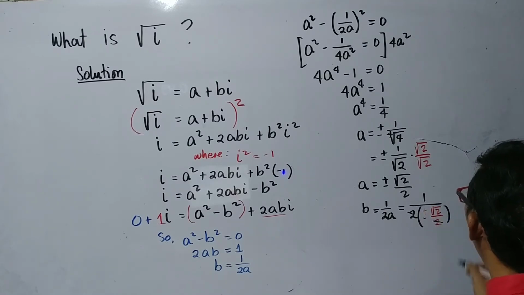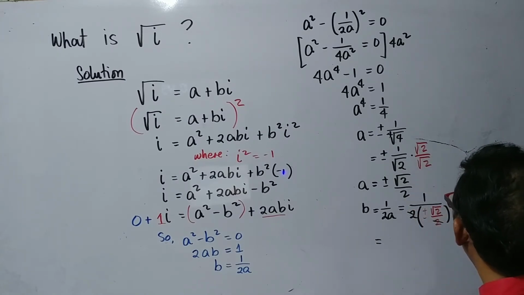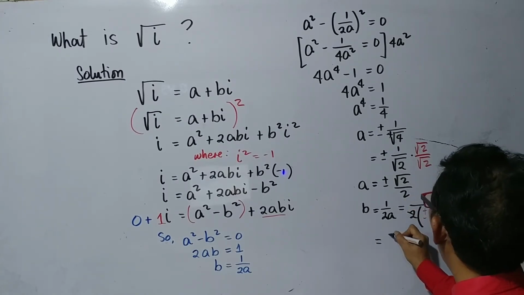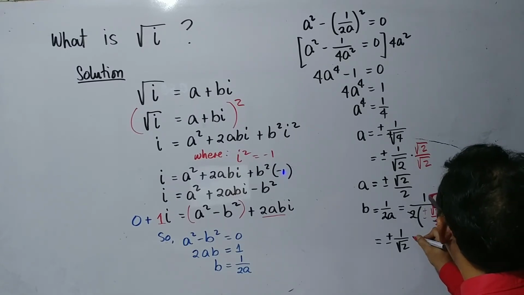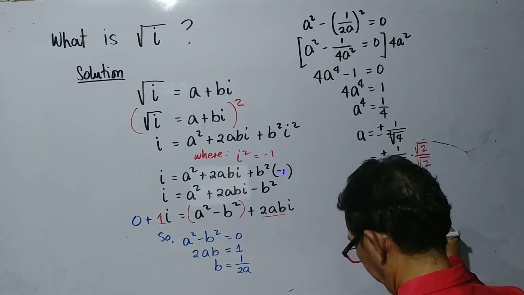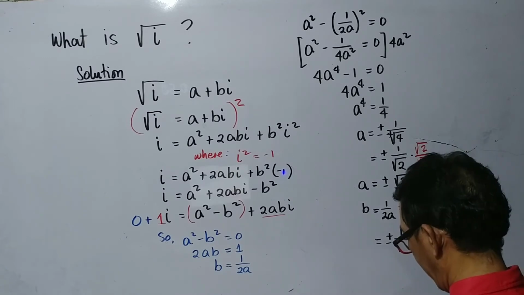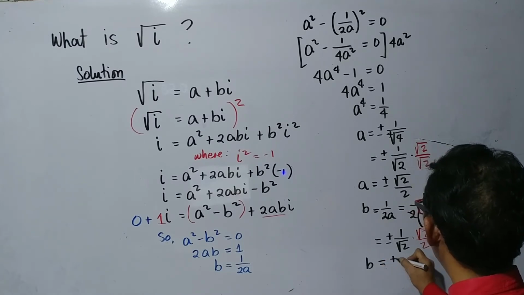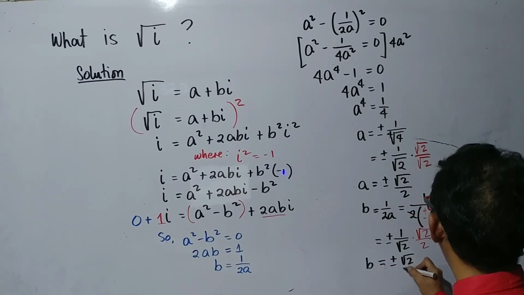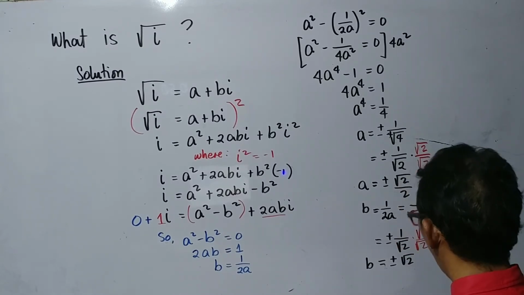You cancel out 2, so we have now b equal to plus or minus 1 over square root of 2, then multiply by the conjugate, square root of 2 over 2. We have now our b equals plus or minus square root of 2 over 2.